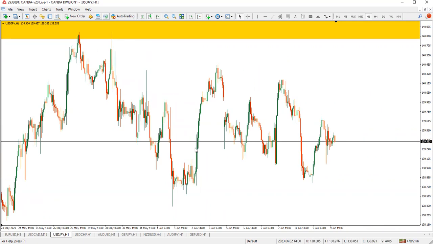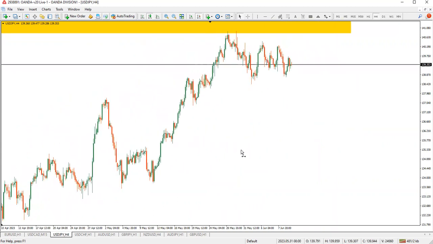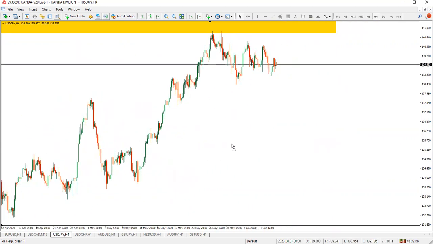UJ right now does not look so clean, and it's going to take some time for these to fully set up. So we are going to come back to UJ sometime during the week, but right now it's in the middle of the move. It's in a no man's land, so it's not at a place where we can look for a trade. So we have to wait and come back to UJ during the week.